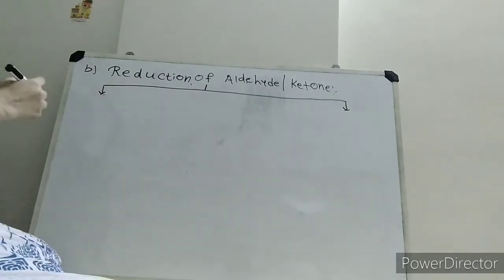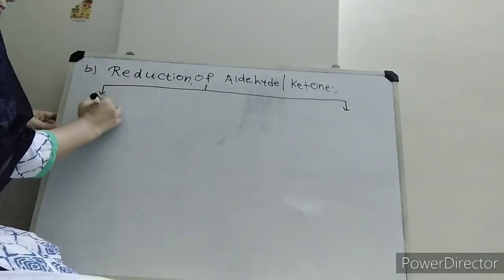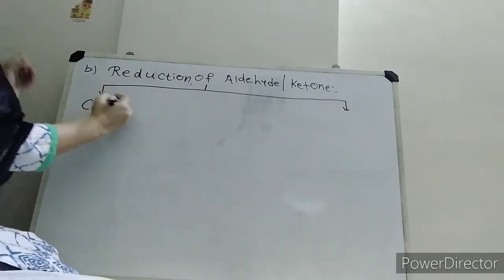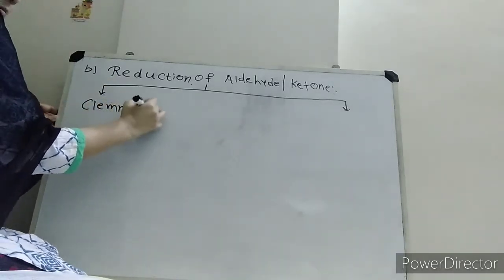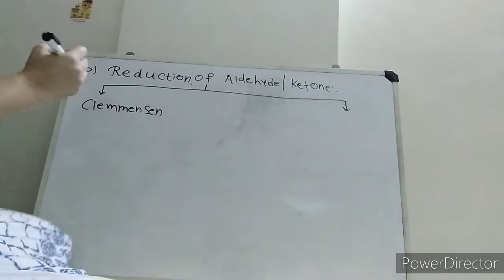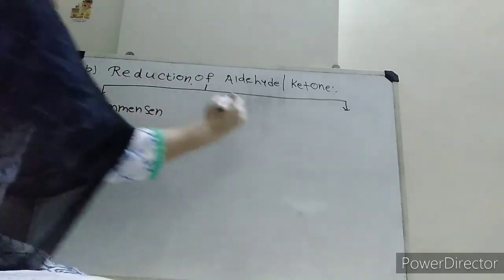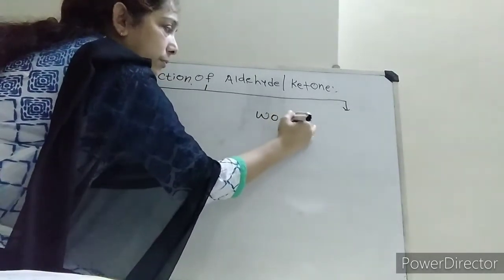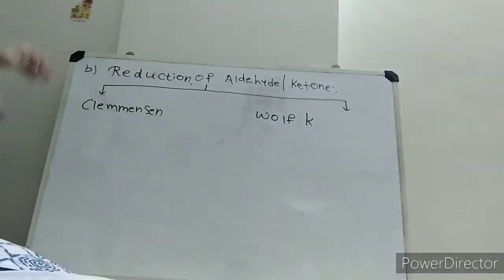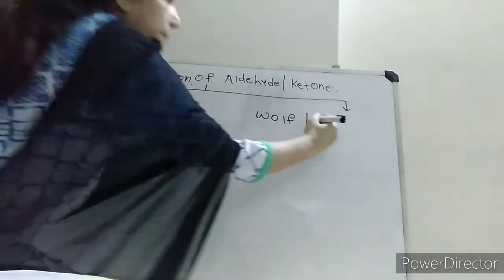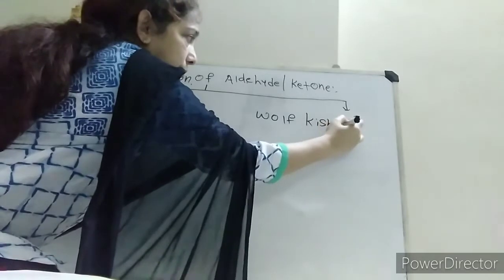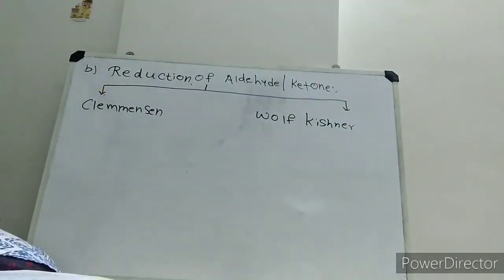The first type is Clemmensen reduction and the other is Wolff-Kishner reduction.